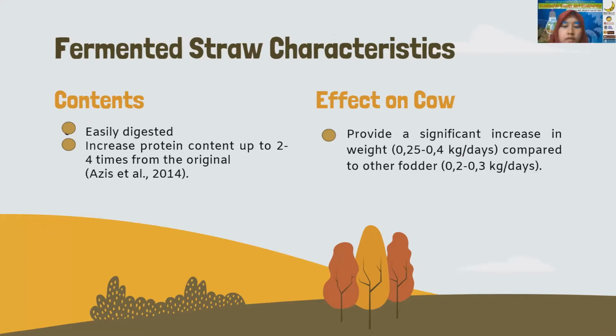And the good effect on cows is, according to research conducted by Suitability 2020, giving fermented rice straw to cows can provide a significant weight increase of 0.25 to 0.4 kilograms per day, compared to other fodder, which provides an increase of only 0.2 to 0.3 kilograms per day.